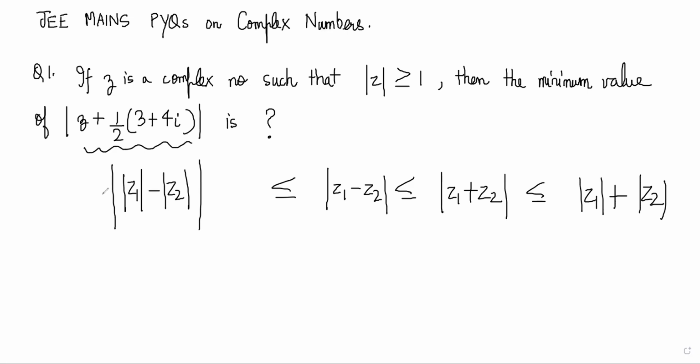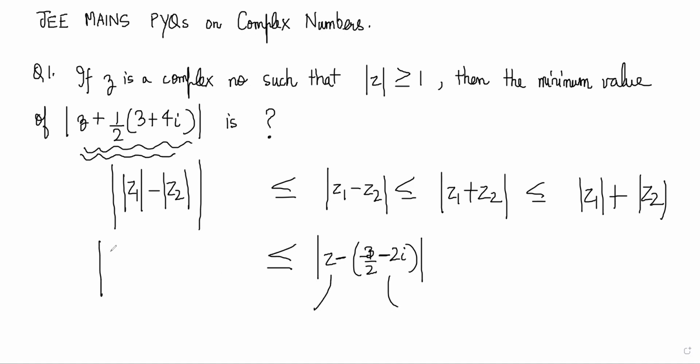So you can say that this is z minus half minus 3 by 2 minus 2i. That's the same thing as this, right? Yes. So this is your z1, this is your z2, so that is greater than or equal to mod of z minus mod of minus 3 by 2 minus 2i, right?